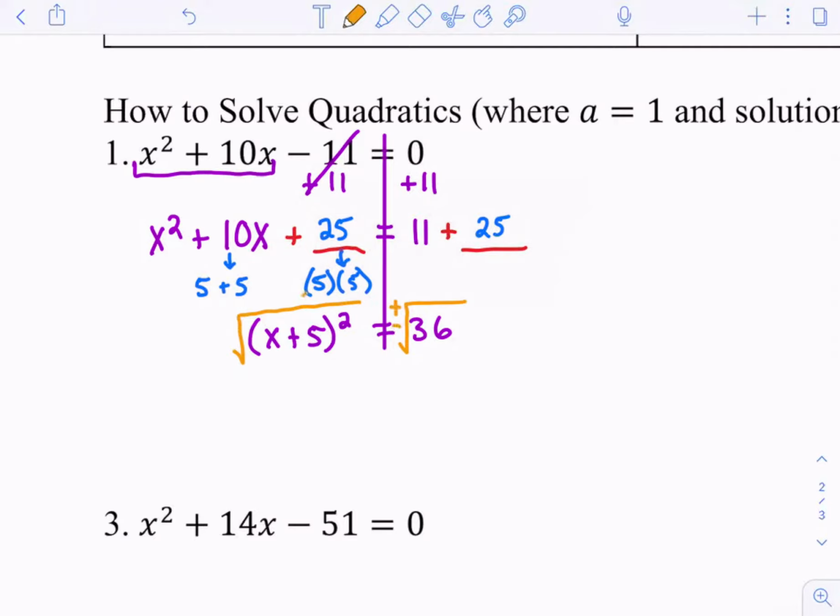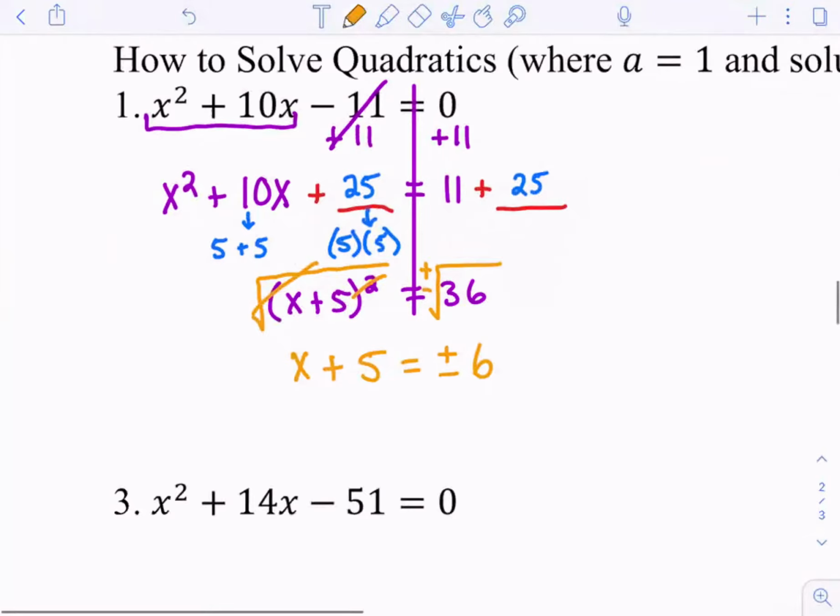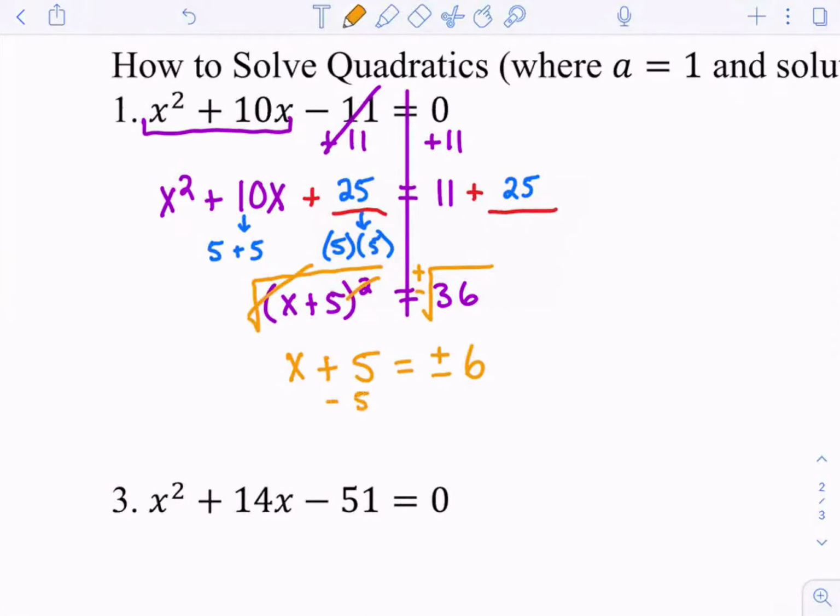So here, a square root and a squared cancel out. I'm just left with x plus 5 equals. Now, is there a square root of 36? Yes, it is 6. So my answer here is either positive or negative 6. Now my last step here to get x alone is to subtract 5.